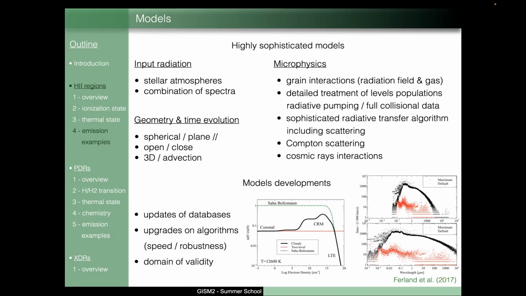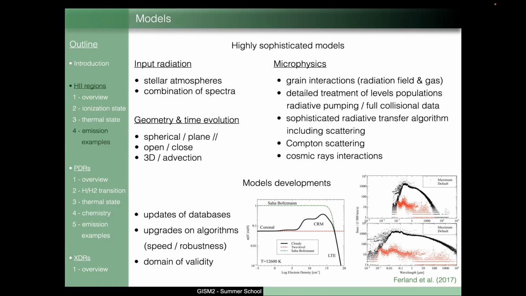So I have tried to just give you a kind of broad view of the main microphysical processes at play in H2 region, but there is a lot of things that I didn't talk about. I didn't talk about grain interaction, for instance. Grains are important in H2 region because they absorb the light, but they also interact with all the atoms and all the ions.